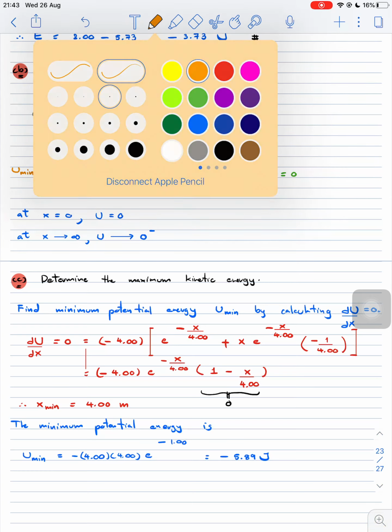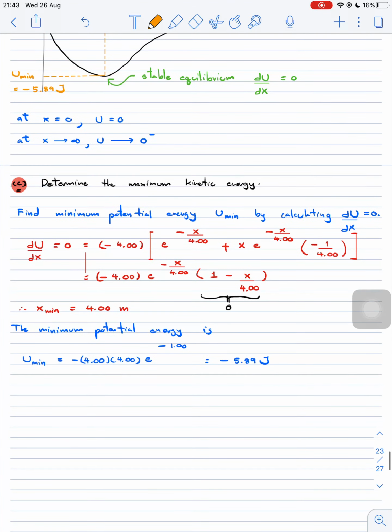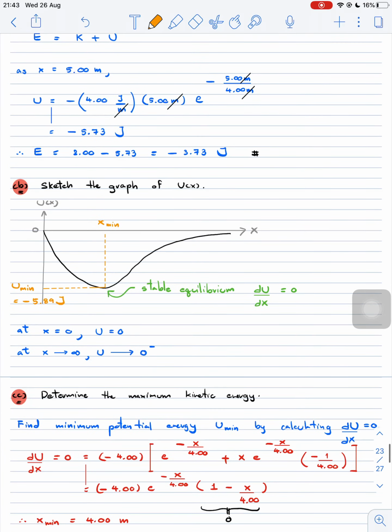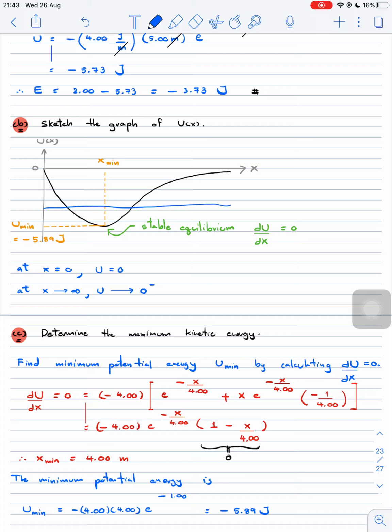Let me just put the number here. We said that our total energy is equal to negative 3.73 joules. If we want to write down our total energy, it should be maybe this line. So this is going to be our total energy, equal to negative 3.73 joules.